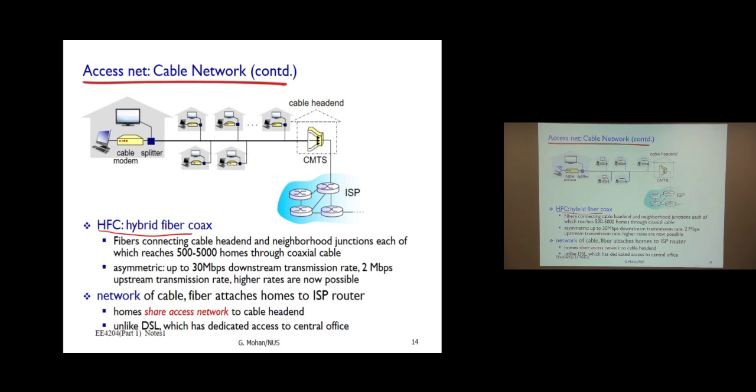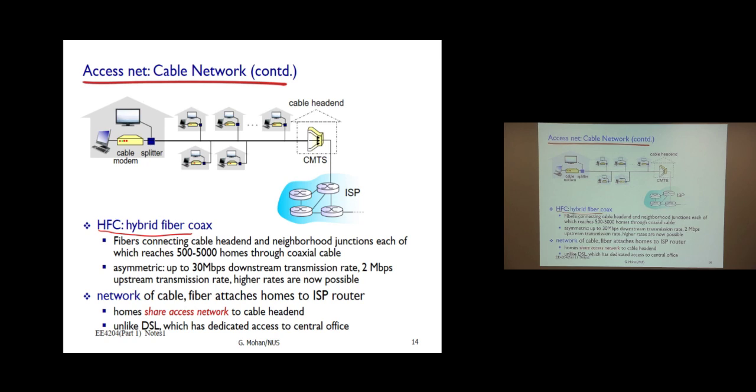Coaxial cable is the cable which is used for TV. The TV cables are coaxial cables. If you want to read more on that, I would suggest you refer to the book or material. So what are the characteristics of coaxial cable? Similarly, the telephone cables are basically twisted pair copper wire kind of cables. This is a different cabling used.